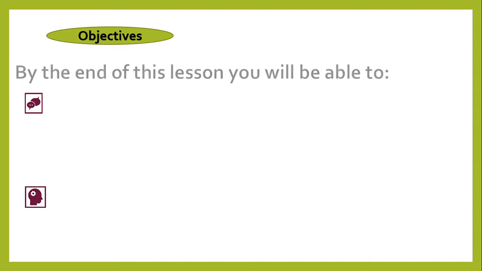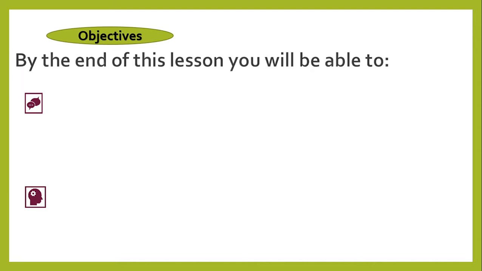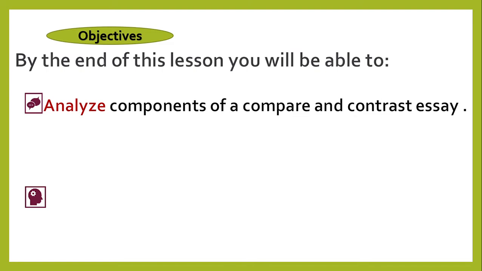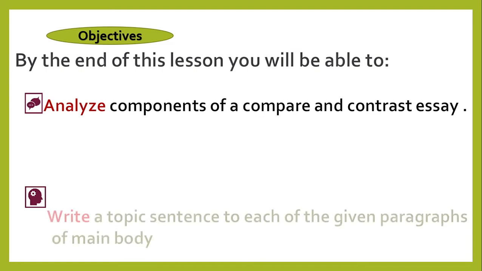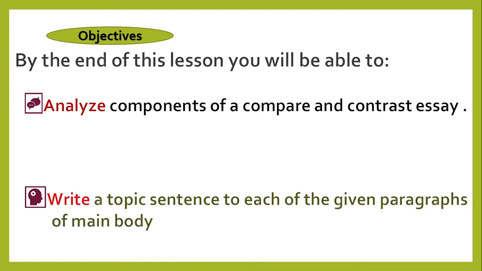The first objective is to analyze the components of a compare and contrast essay. The second objective is to write a topic sentence for each of the given paragraphs of the main body. Let's start with the first objective.